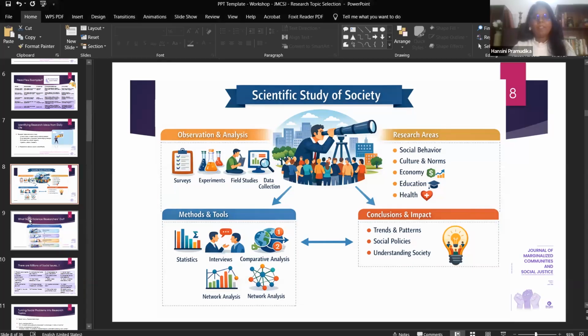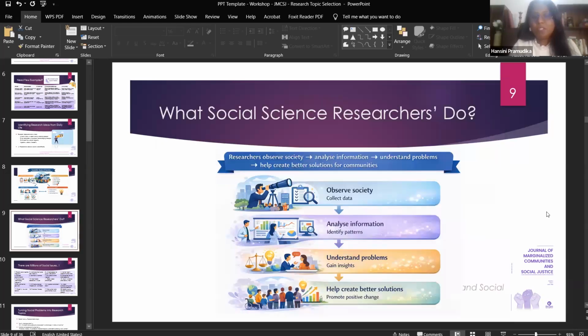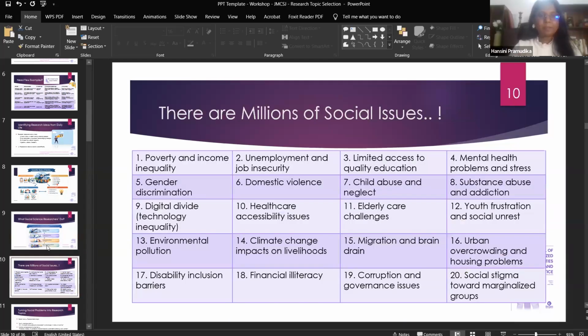Right. And scientific study, sorry, what do social science researchers do, right? As I told you earlier, they observe society, analyze the information, and understand problems, and help create better solutions for communities, right? So that is the way this happens. Okay. And there are millions of social issues.